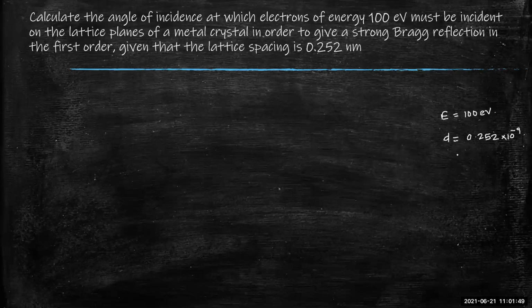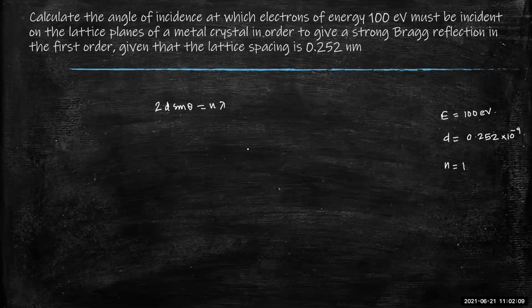This is the case of Bragg's diffraction. So the equation is 2d sine theta is equal to n lambda. Here n is also given, n is equal to 1.